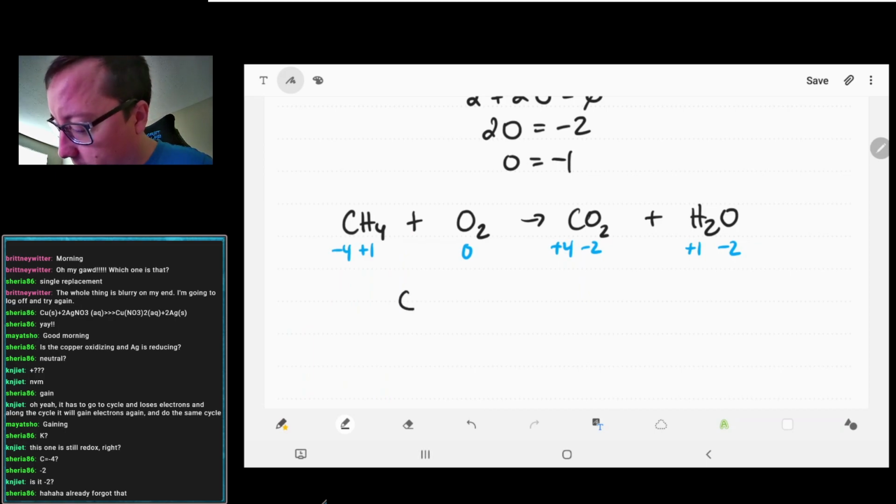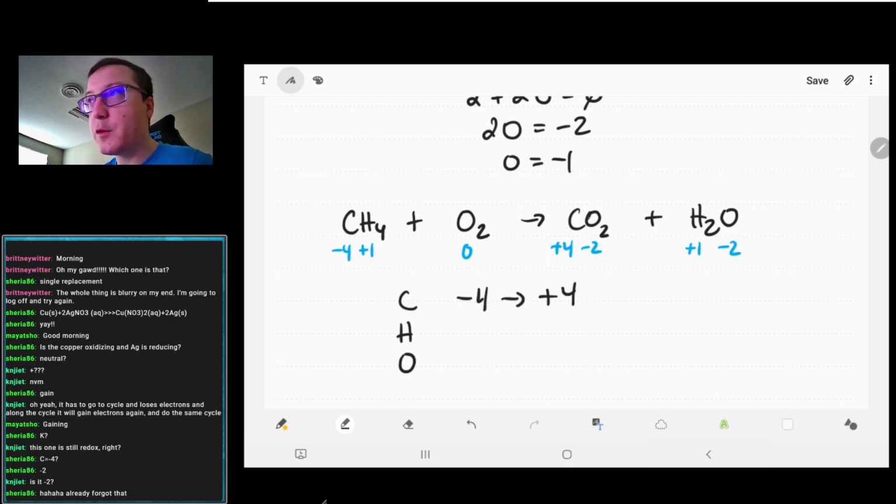Let's look at all of our elements, and let's see what's happening with the oxidation numbers. Carbon is going from -4 to +4. Hydrogen is going +1 to +1. And we have oxygen that is going from 0 to -2.